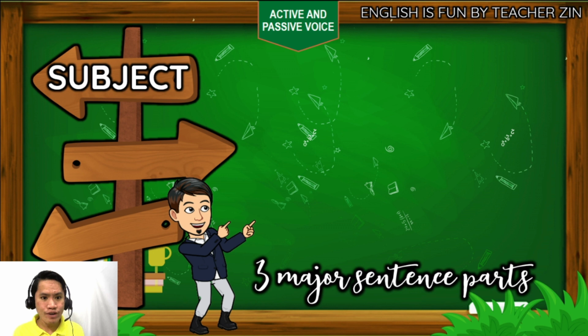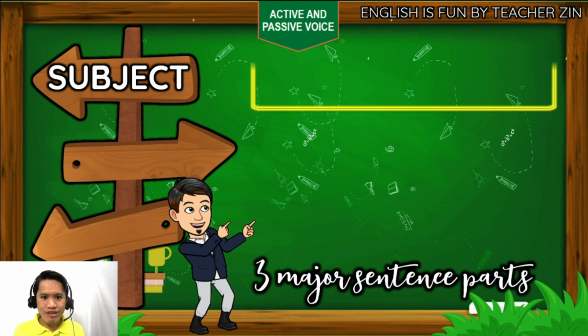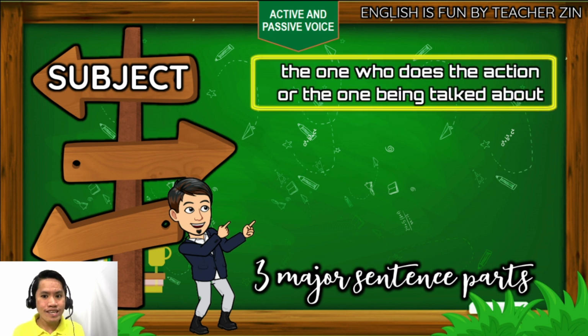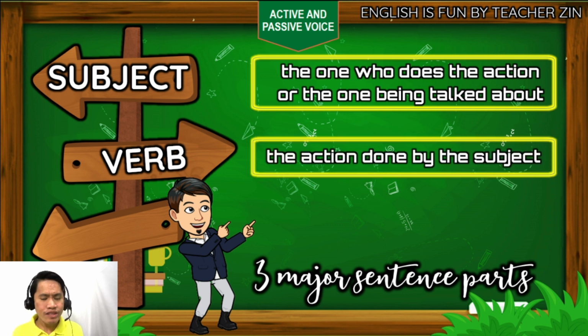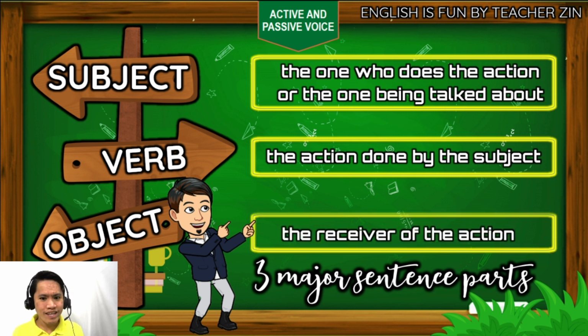First, the subject. The subject is the one who does the action or the one being talked about. The second part is the verb, another very important part of the sentence. The verb is the action done by the subject. And lastly, the third part is the object. The object is the receiver of the action, or the one who receives the action.